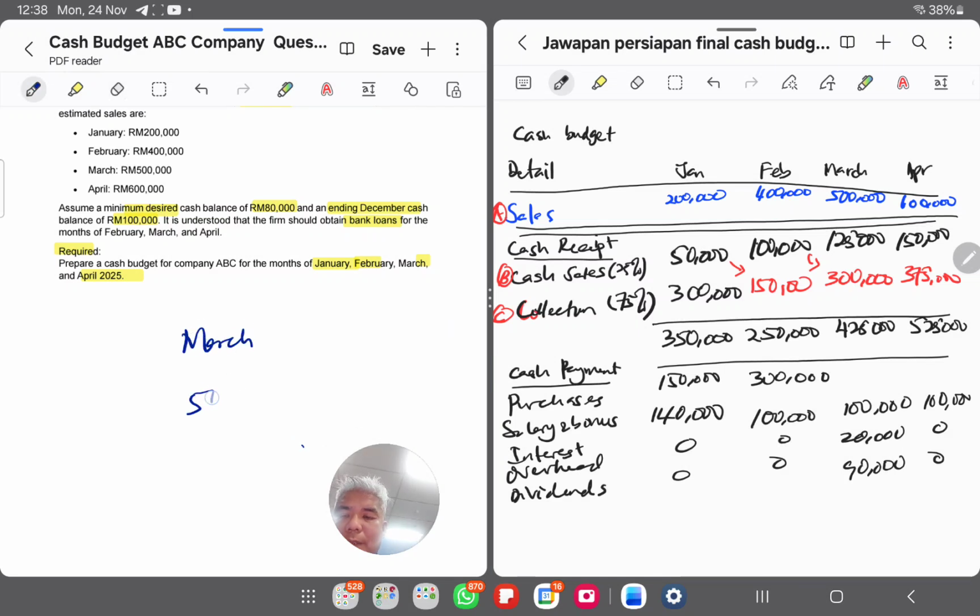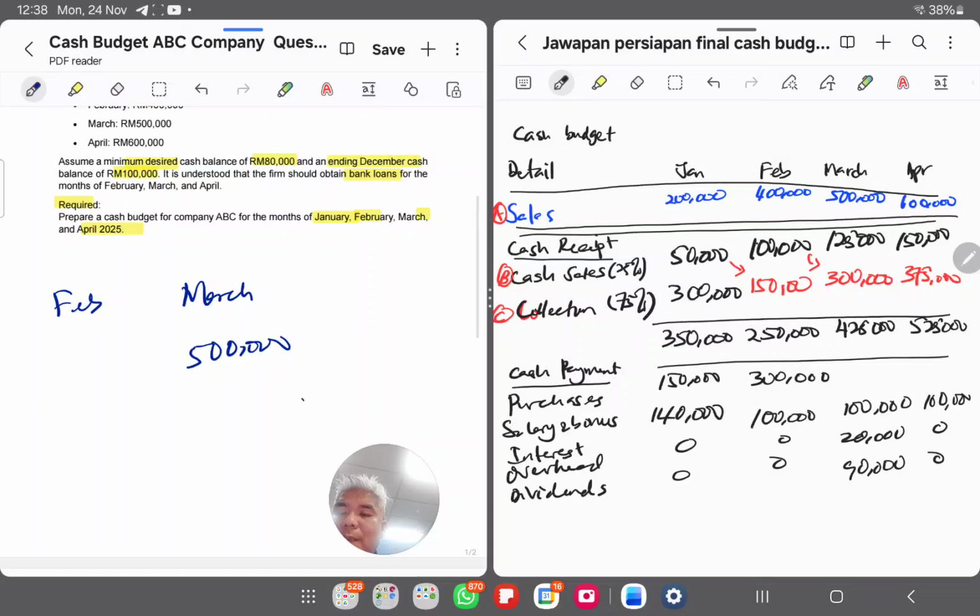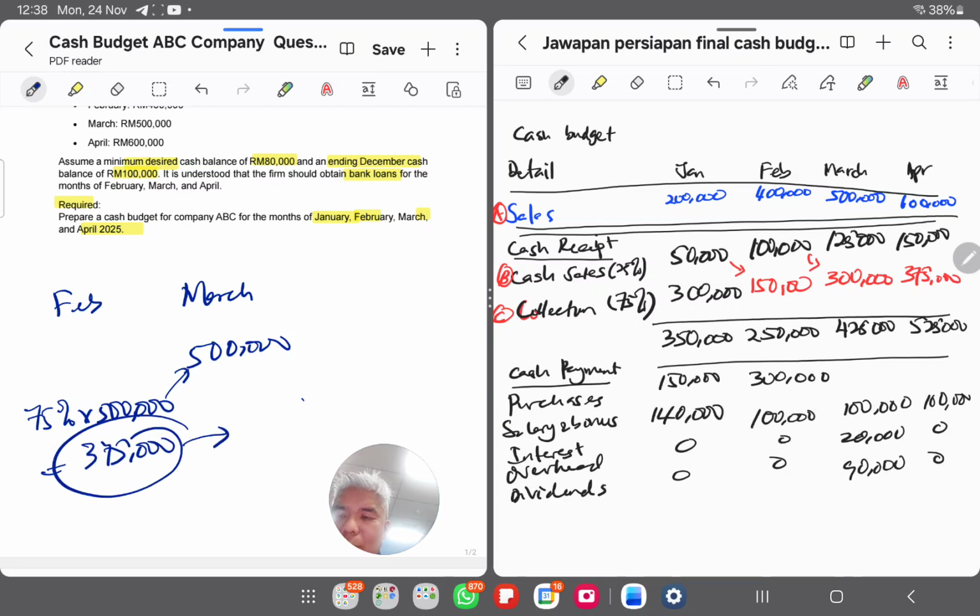March is 500,000, and on February you have to purchase 75% of 500,000, which is $375,000. Then this 375,000 you will pay on March.